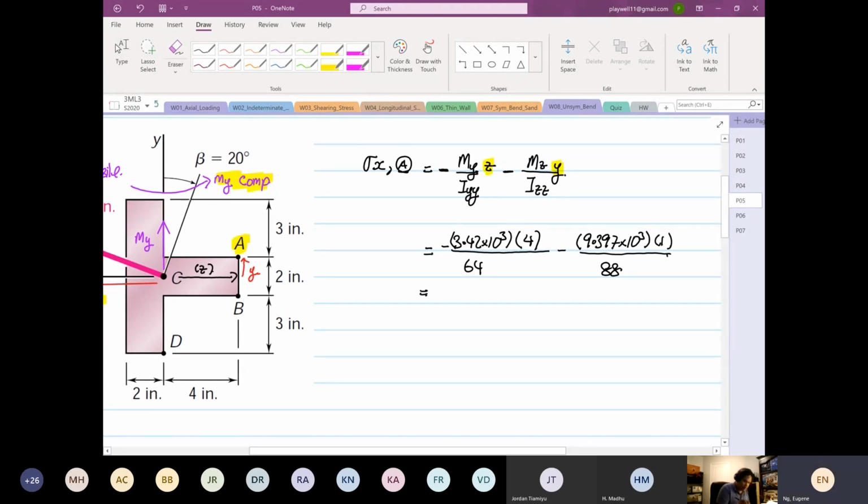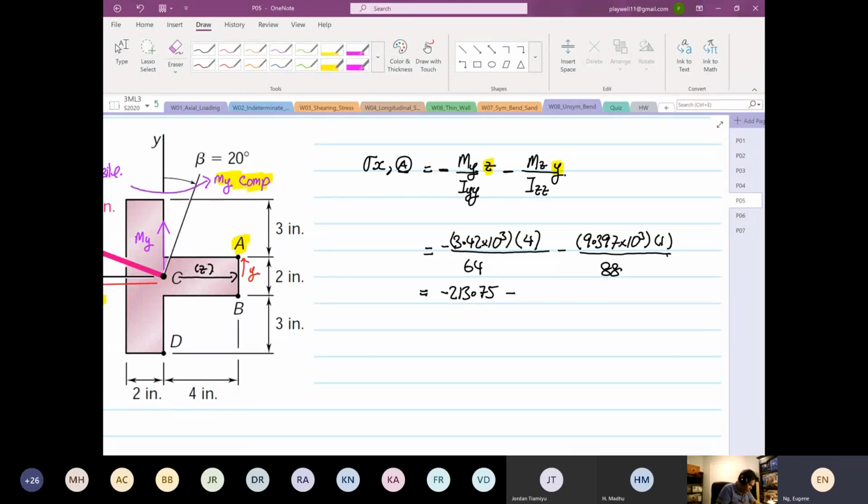So that is the thing that you have to be really careful with your y and your z. You can get everything right, you can mess up on that. So times 4 divided by 64. So this is minus 213.75, and then minus by 9.397 power 3 times 1 divided by 88.